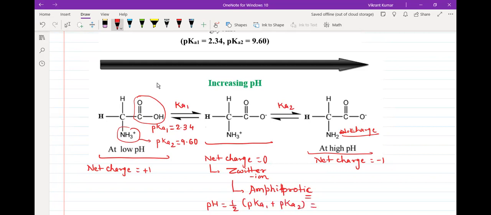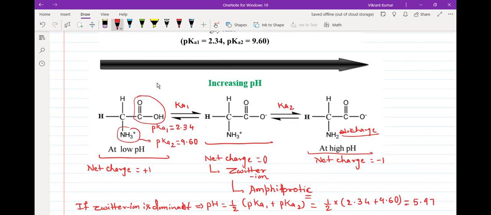So if I have given you the value when only this middle wala form is present, we'll say if deuterion is the dominant form, then we are saying कि pH का value will become half into 2.34 plus 9.60. If you calculate it, we are getting 11.94 by 2, which is very close to 5.97 जैसा जाएगा.